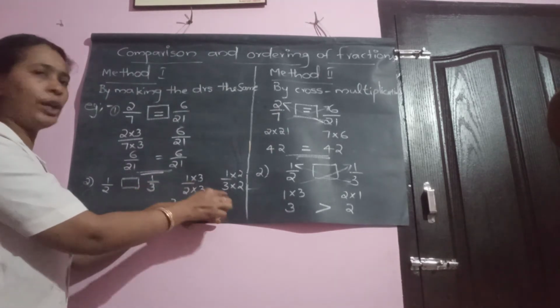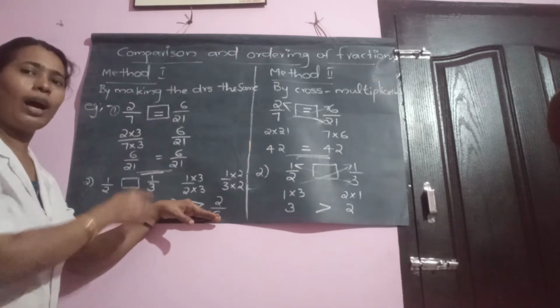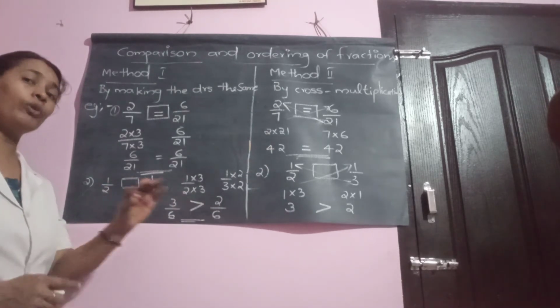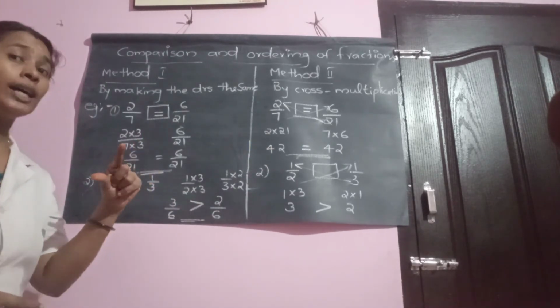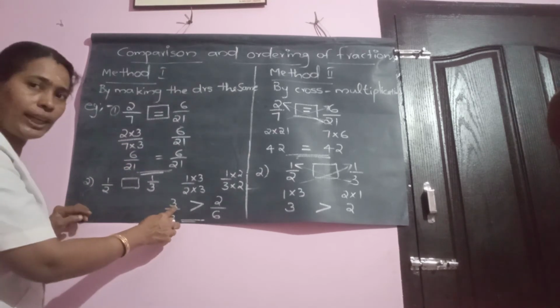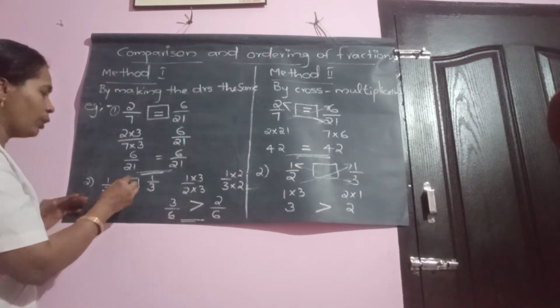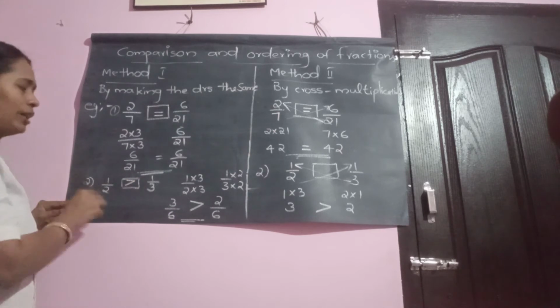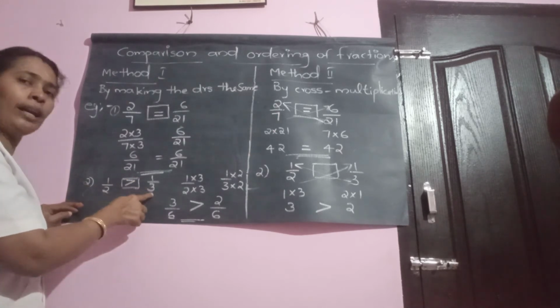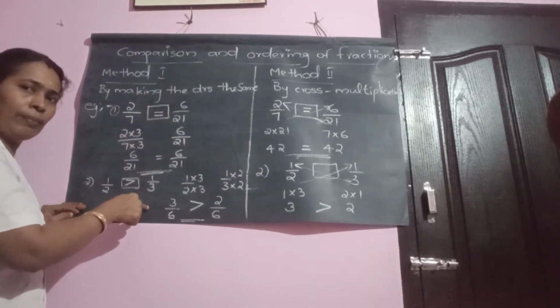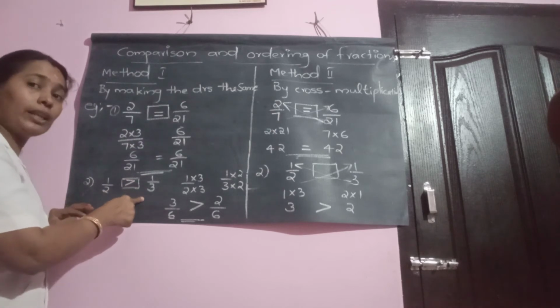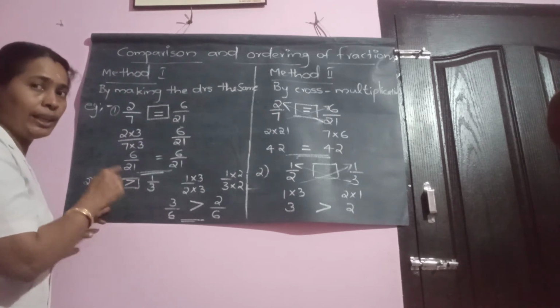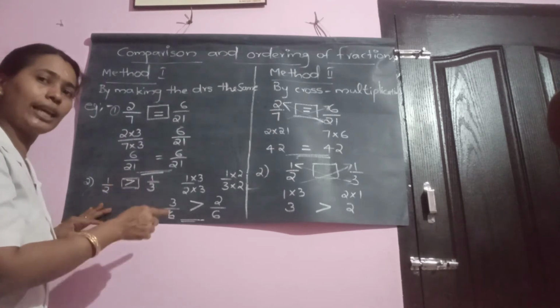Numerators are 3 and 2. Which one is big? 3 is big. So the open side of the sign goes towards the big number, 3. So your blank will be 1 by 2 greater than 1 by 3. Is it clear? These two used method 1, that is, making the denominators the same.